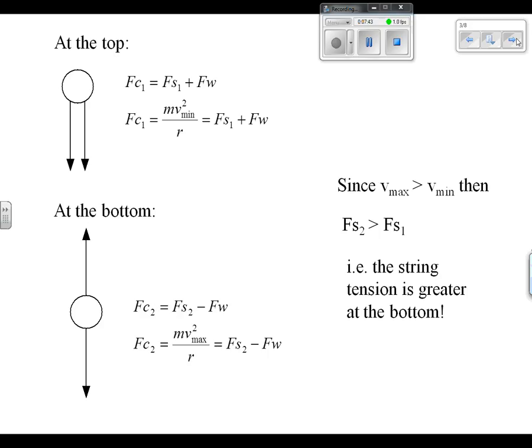Because here, the string is actually pulling it into the center, whereas in that one, what's holding the car is inertia, really, right? It's the normal force of the ramp on the car. It's actually inertia that's supplying that centripetal force. It's one of those make your brain hurt kind of things. I'm not sure what that's all about.